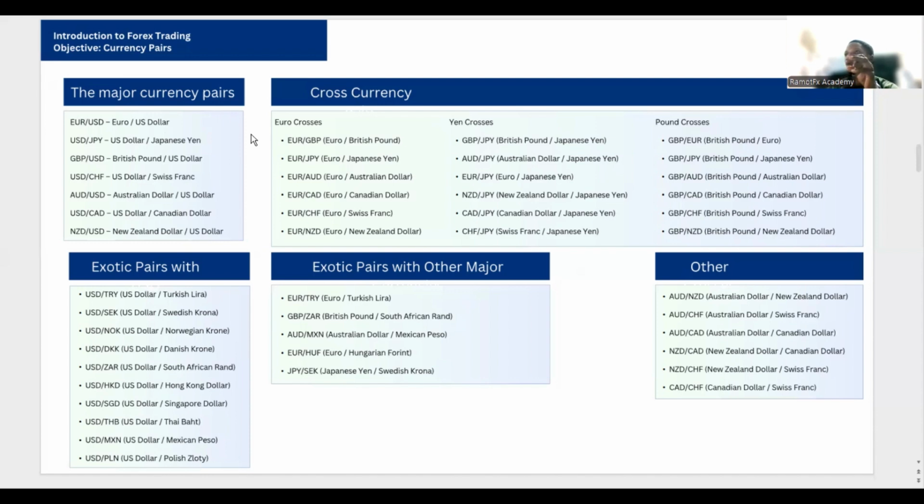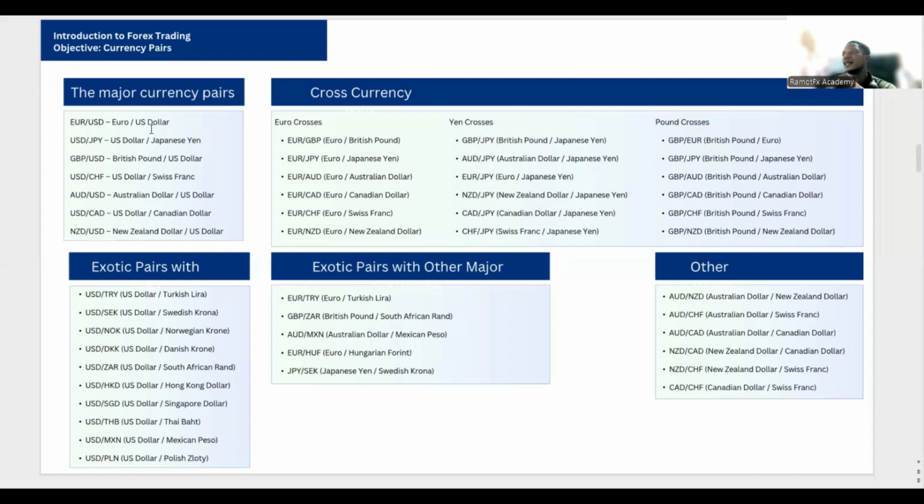So that is it for this course, guys. Try to put them down, list them so you can put them on your watch list. Don't forget, the major currency pairs are the most traded currency pairs in the world. The cross currency pairs are also traded, but they are not that volatile, and they are kind of sluggish.